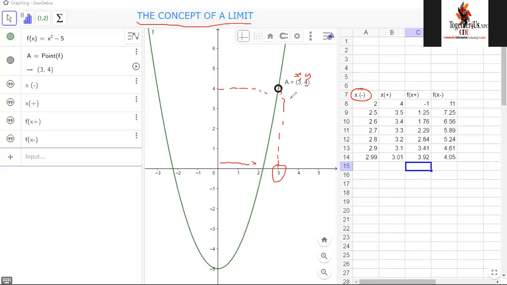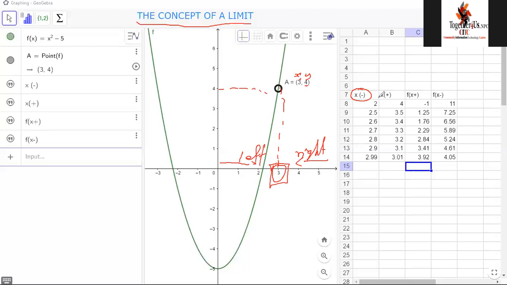Now, the concept of a limit works like this. We want to investigate what the y value is for this function as x values approach a certain x value, in this case 3, from the left and from the right. That's what we want to understand.